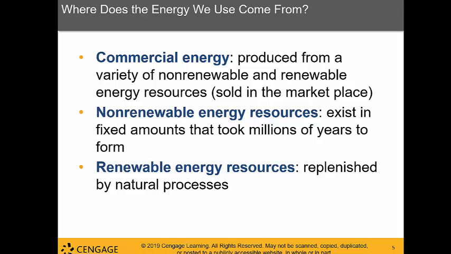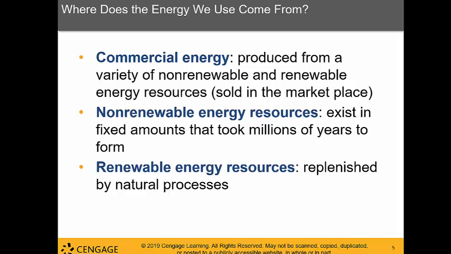So commercial energy is the total amount of energy that's produced from all of the renewable and non-renewable resources, and it's sold in the marketplace. So when you're turning on the lights in your home, you're using commercial energy.